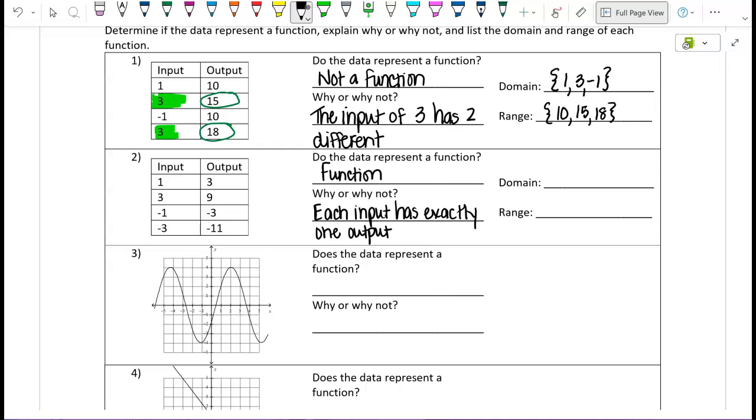And then in our domain, there are no repeats in our x values, so all 4 of those numbers would be in my domain, 1, 3, -1, -3. And there are no repeat values in my output, which is my range, so 3, 9, -3, -11.